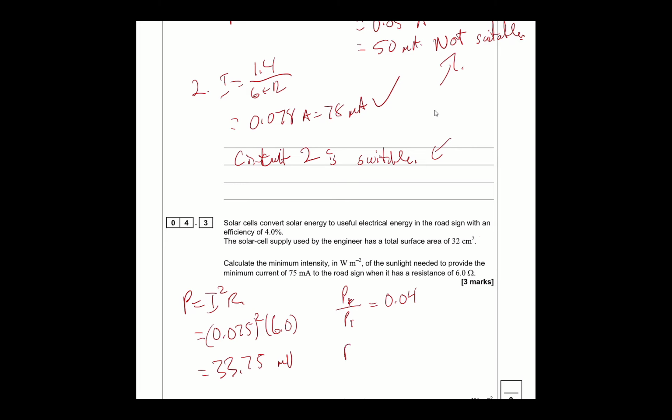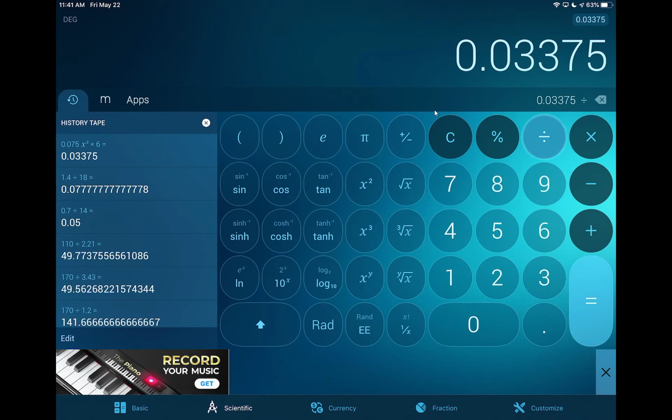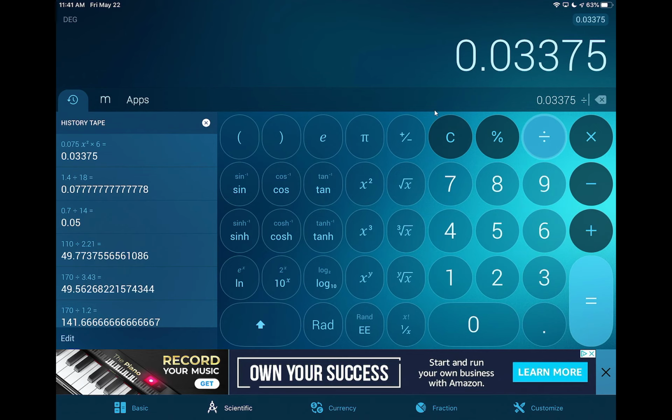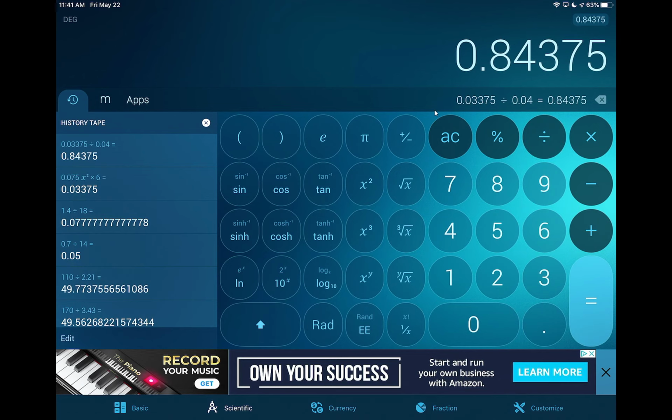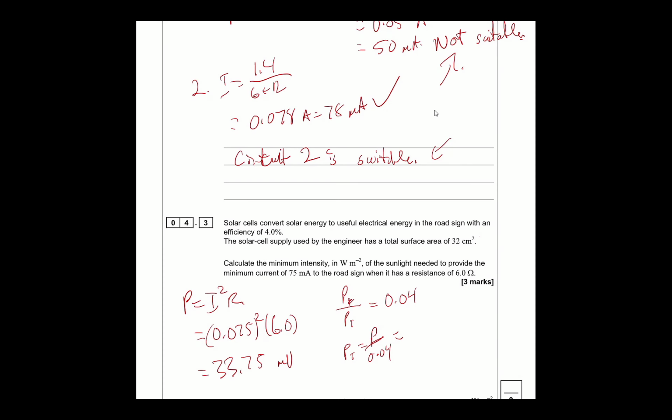So PT is power divided by 0.04, which is 0.84375 watts.